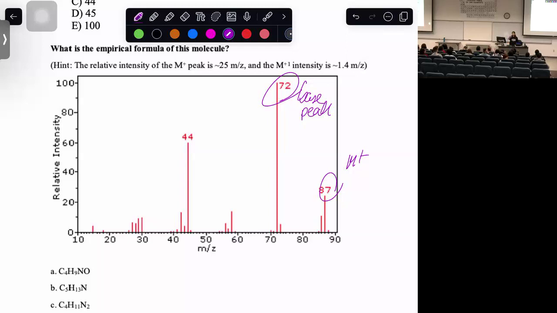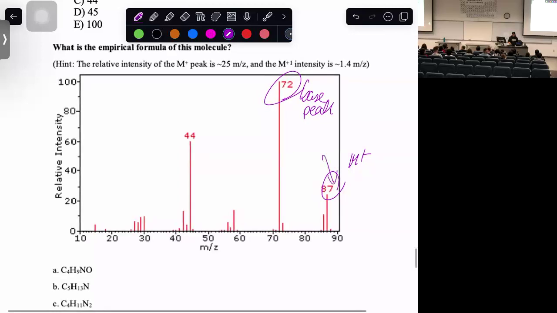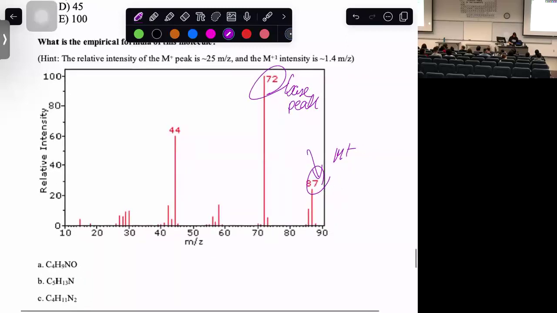What does the M+ peak represent? Specifically, because we see that we have an odd number, that means that I have an odd number of nitrogens. Exactly.